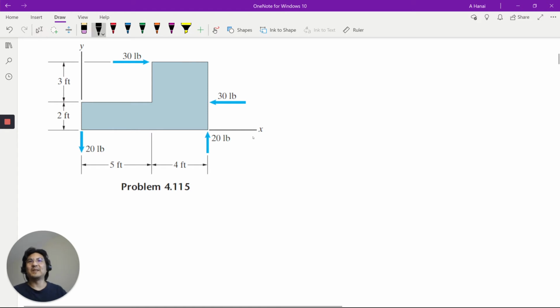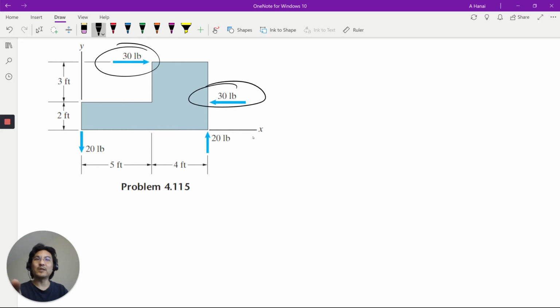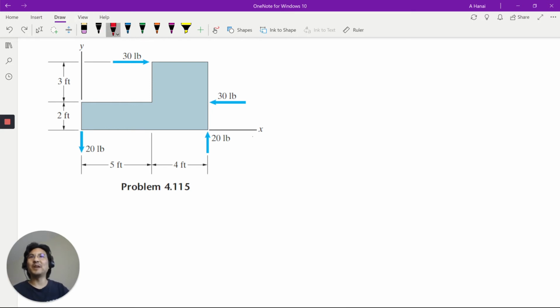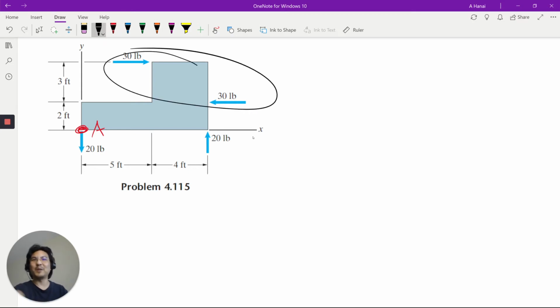Take a look: equal and opposite forces, different lines of action, right? That's a couple right here. Equal and opposite forces, different lines of action. That's another couple. So let's say I pick a point here, like point A. What's the torque due to this couple about point A? And what's the torque due to this couple about point A?